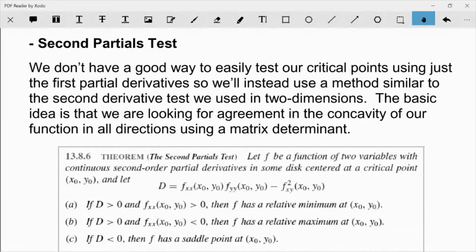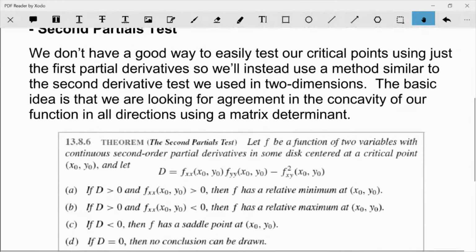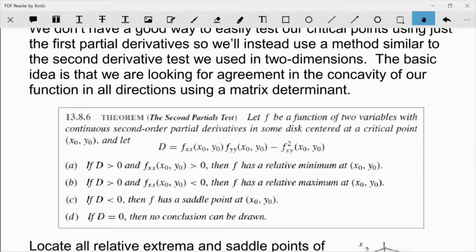And in this second partials test, we're going to use similar reasoning. It's a little more complicated though, because now we have to take into account the fact that we've got more things going on from a concavity perspective. So this is the way that it works. When we are doing a second partials test, we sort of need to account for concavity in all directions.